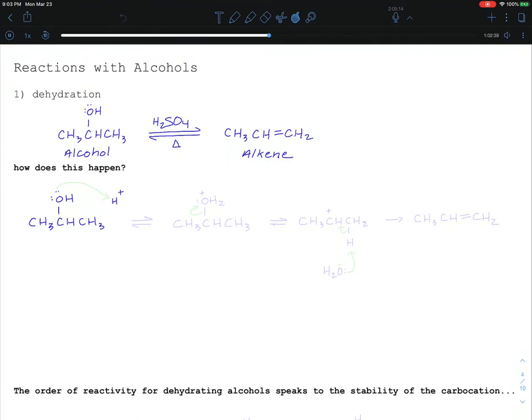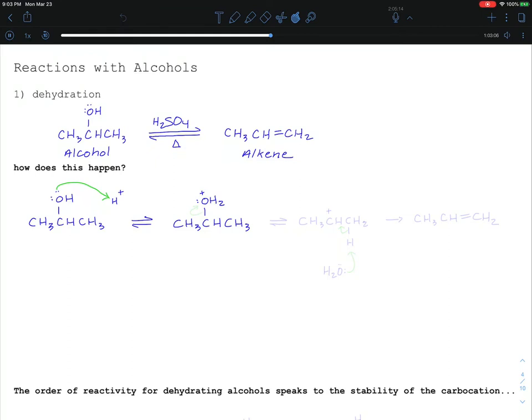H2SO4 is a source of a proton, right? We don't have to draw that whole molecule out. We're going to grab that proton and protonate our alcohol. So OH2+. Now, what do you think is a better leaving group, H2O or OH-?